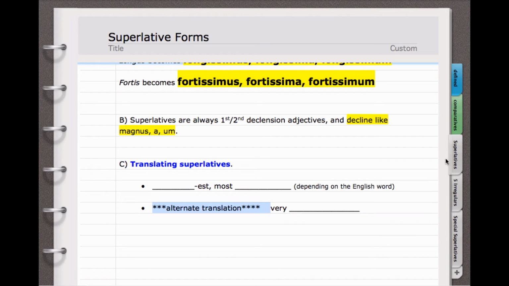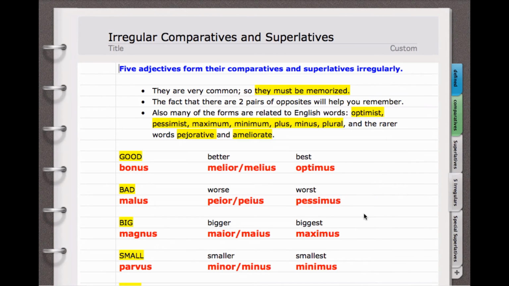Let's talk about the next topic, which is about certain irregular comparatives and superlatives. There are 5 adjectives that we will encounter that form their comparatives and superlatives irregularly. These have to be memorized.